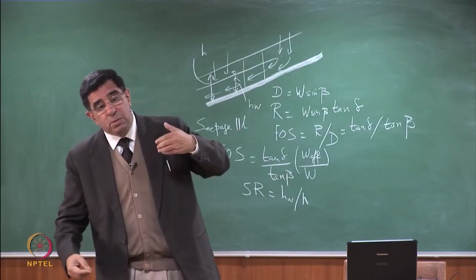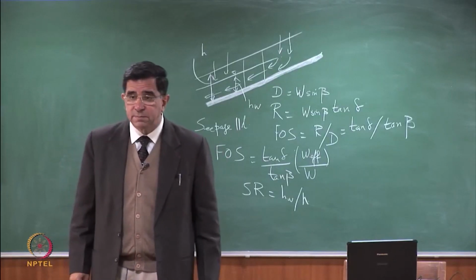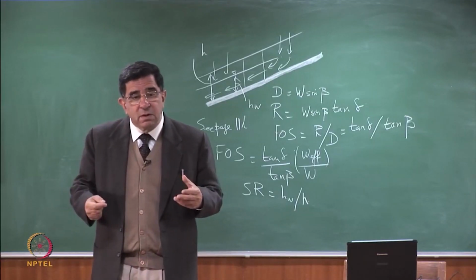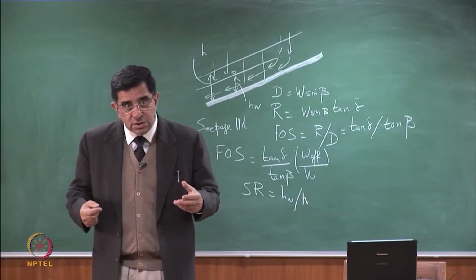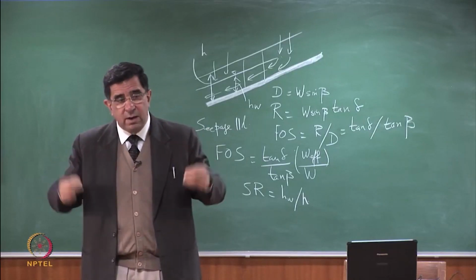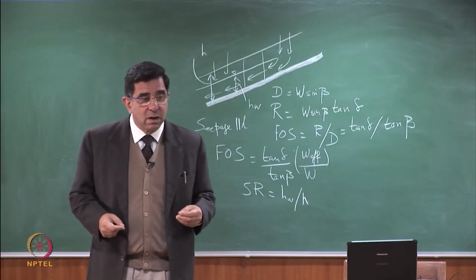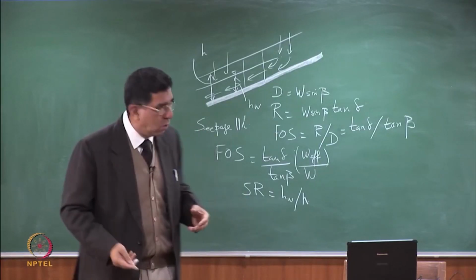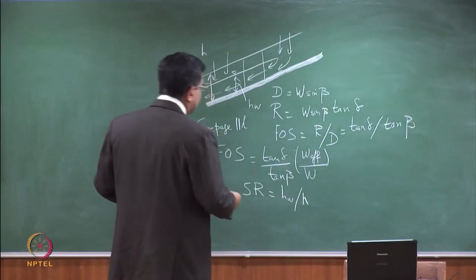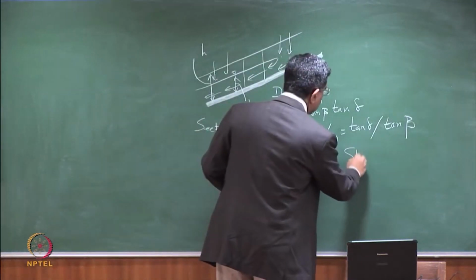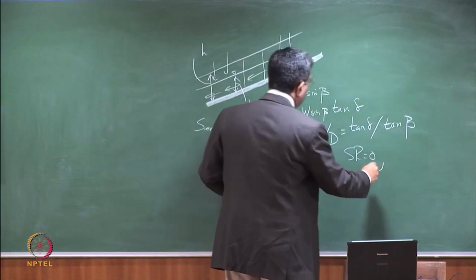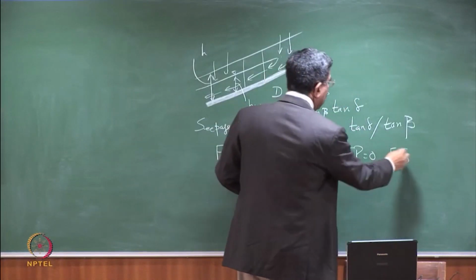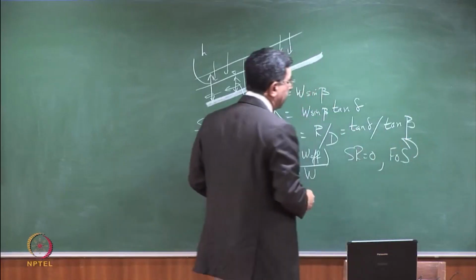When the submergence ratio becomes 1, what happens? Then the W effective becomes gamma submerged into the volume of the soil, and the W total becomes gamma saturated by the volume of the soil. So when SR is 0, the factor of safety is the same as this.